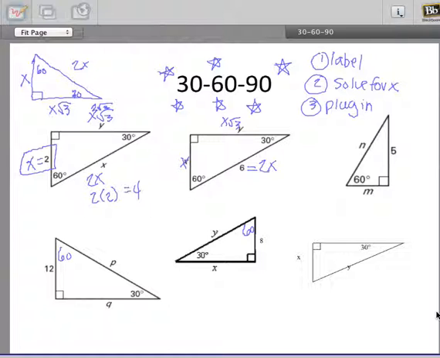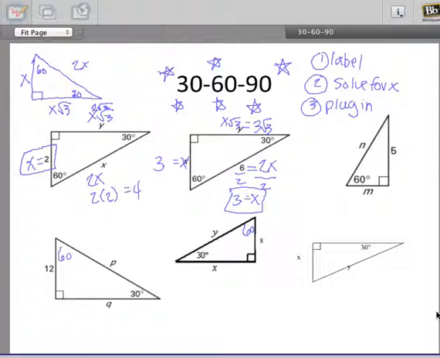To get x by himself here, we're just going to divide by 2 to get x equals 3. I solve for x. Now I plug x in. Well, if x equals 3, then this side right here is 3. And this side right here is 3 radical 3. Okay?